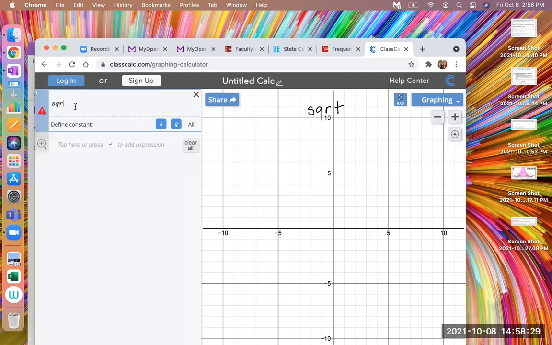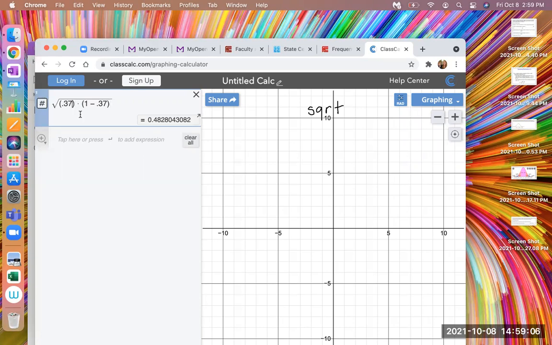As soon as I press T, it turns into a square root. Now I put in parentheses because I want to tell it this is everything in the numerator. So I put 0.37, then in my parentheses times, press shift 8. Then I put another parenthesis, 1 minus 0.37, and then I end the parentheses.